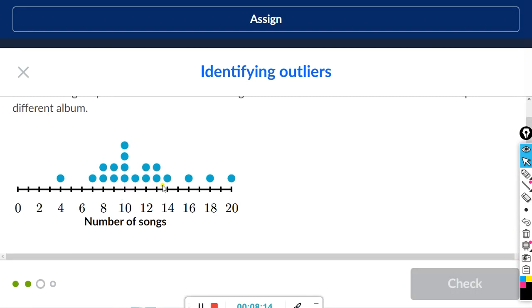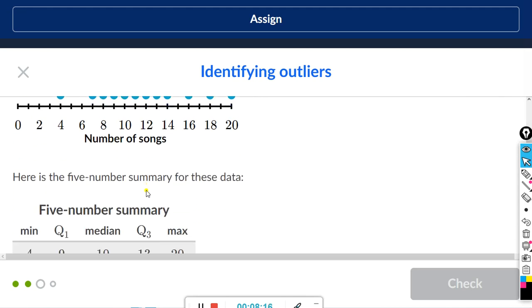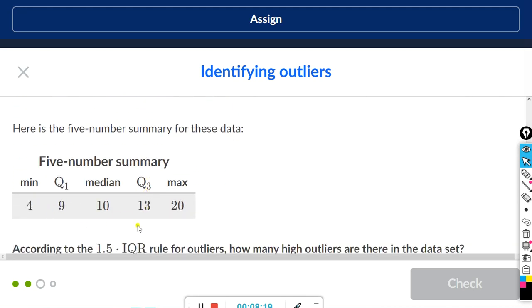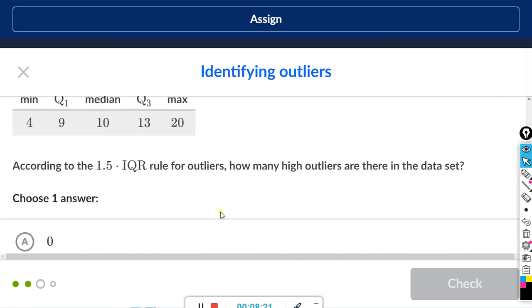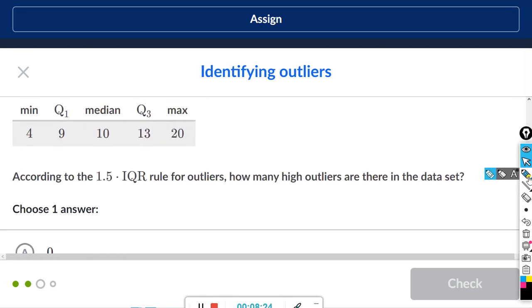Here we have a dot plot of the number of songs, and they're going to give us the 5-number summary for all of these. They want to know how many high outliers there are. For the high outliers, we want Q3 plus 1.5 times IQR, and the high outliers are going to be greater than that. Q3 is 13.